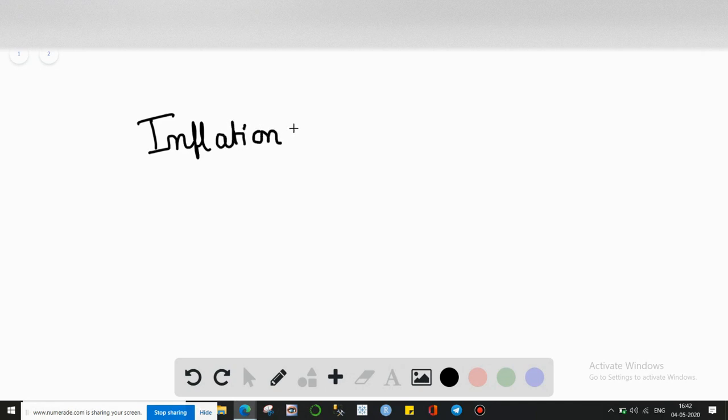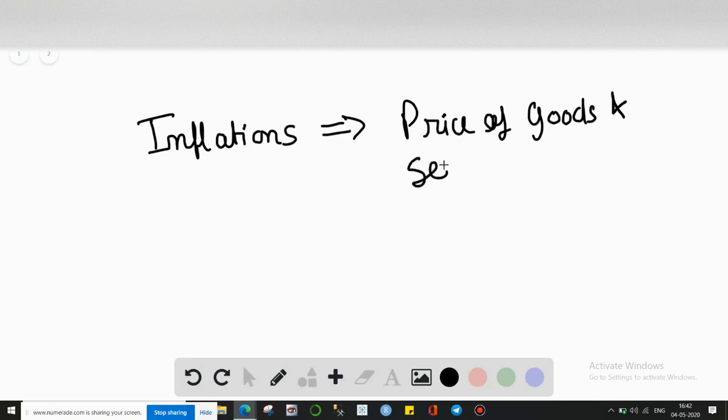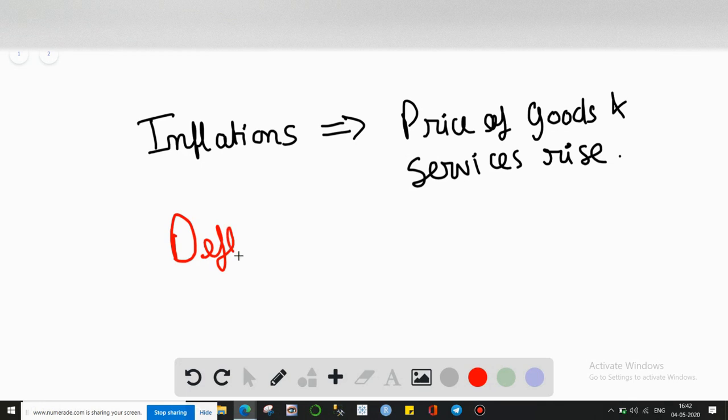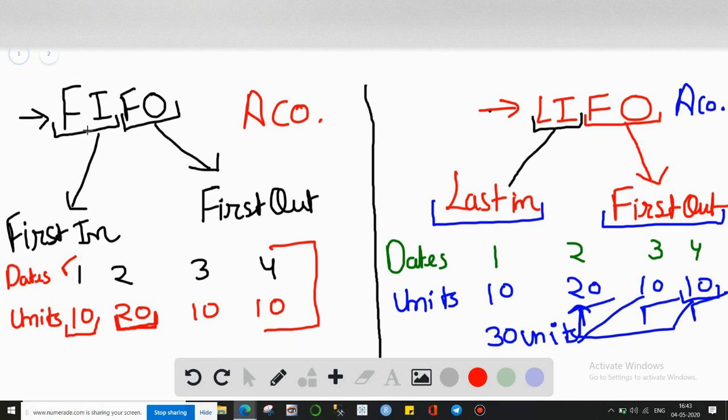The prices of goods and services rise. But in case of deflation, prices of goods and services fall. Now the question has asked us, when FIFO method would produce higher inventory account balances than the LIFO method.